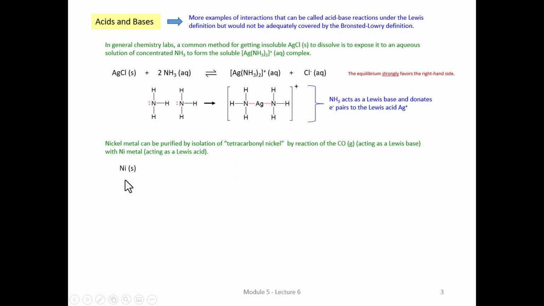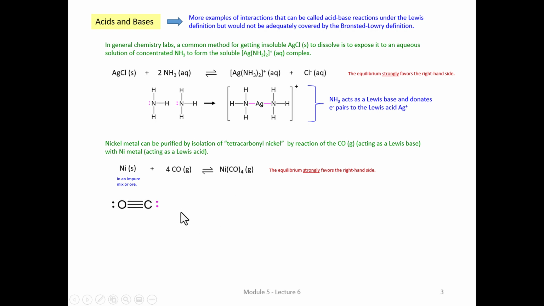So we can illustrate this by writing nickel solid, and we can imagine this nickel solid as being part of an impure mix or ore, and we expose this to carbon monoxide gas under the right conditions. The carbon monoxide molecules will specifically go after the nickel metal and form what's called tetracarbonyl nickel, and this equilibrium also strongly favors the right-hand side.